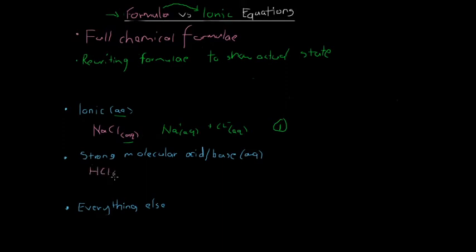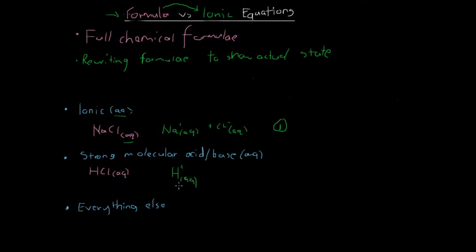This is very similar to what we did above. We're going to rewrite it as the hydrochloric acid actually is. In aqueous solution, hydrochloric acid dissociates into a proton, or a positive hydrogen ion.